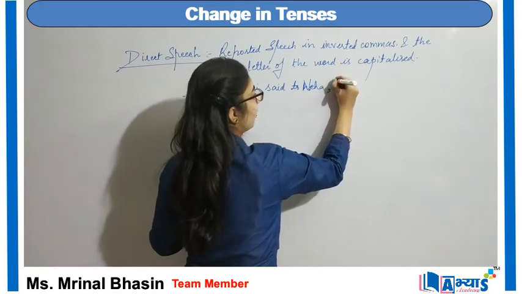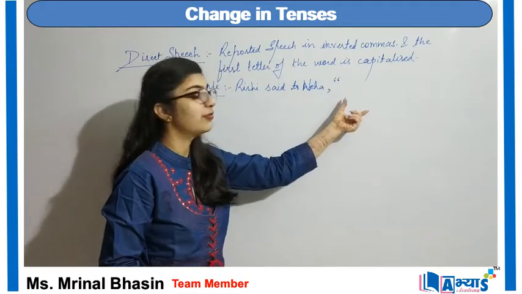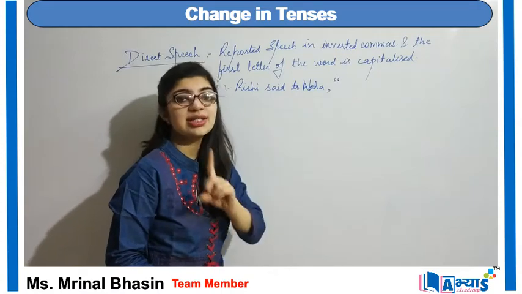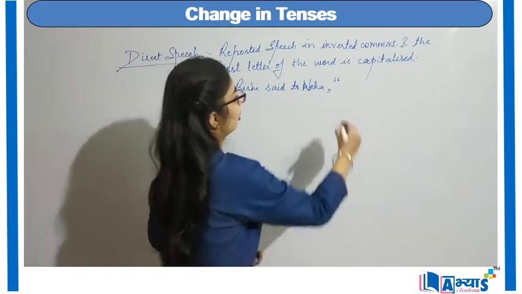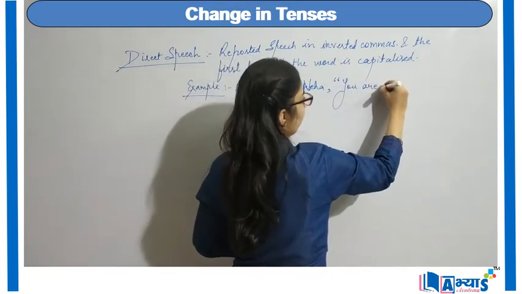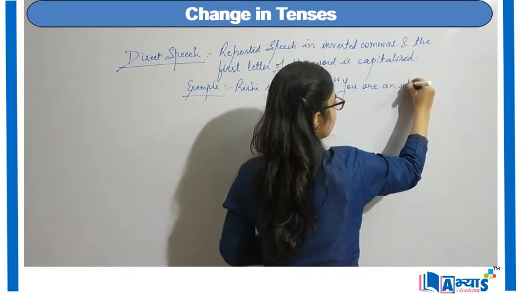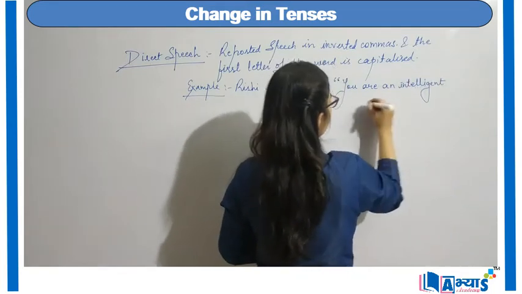Then we will begin with inverted commas. First letter will be capital. "You are an intelligent girl."